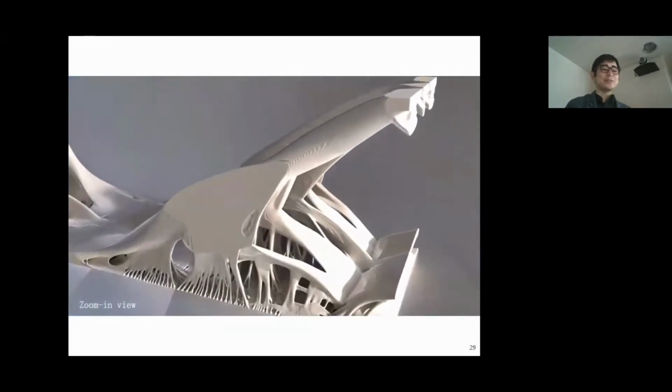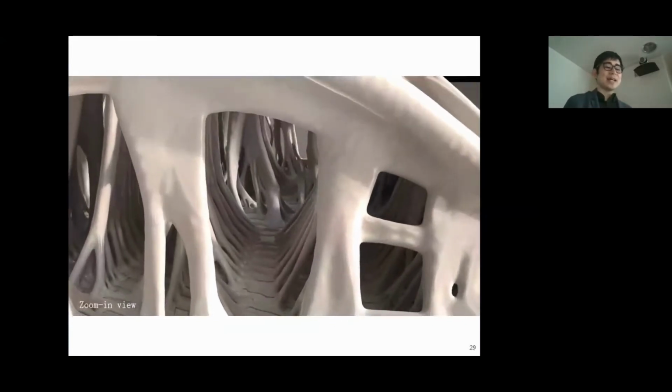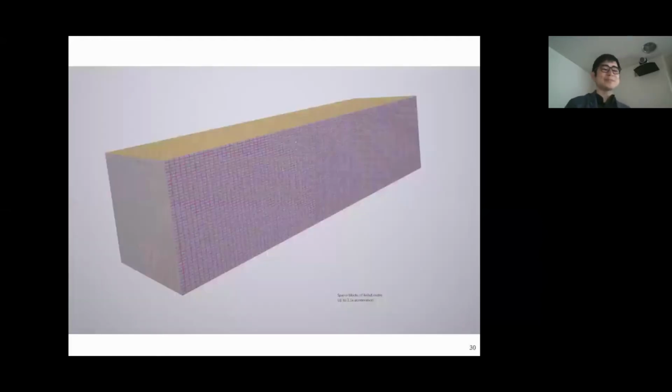And actually, if you zoom in, you can find this structure is very hierarchical, and it's like a tree actually. And within this very zoomed in view, we can still observe different levels of details because our computation grid is able to handle the resolution at this level.